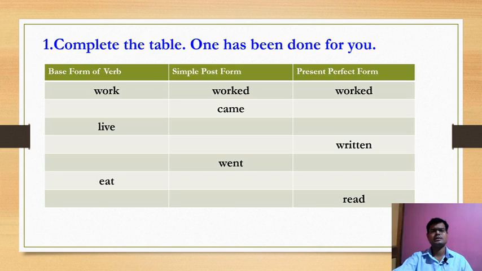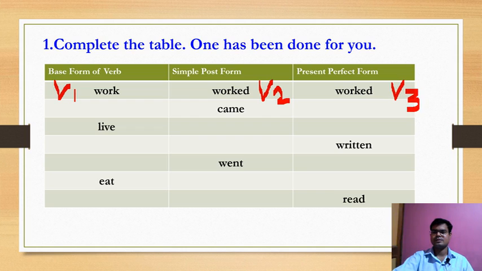You can see here: complete the table, one has been done for you. Now just have a look. Work, worked, worked. This is V1, the verb's first form. This is V2, the verb's second form. This is V3, the verb's third form, which is used for present perfect tense.